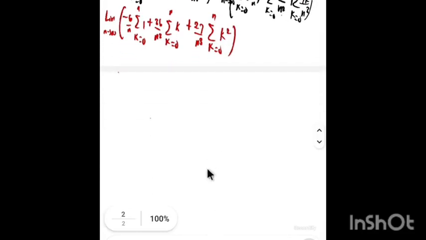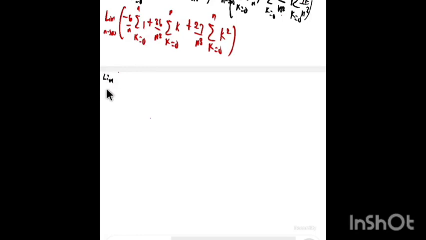Okay guys, now let's move on. This is very common. You must memorize these. The sum of 1 for k from 0 to n gives us n.